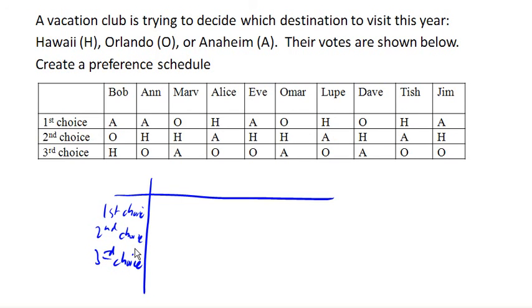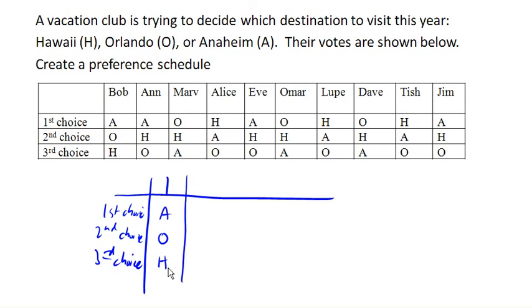But we're going to group the data by preference. So we see here Bob voted AOH in order, so we'll go ahead and do AOH. And we're going to see how many people voted the same way. Apparently, he's the only one. So we're going to put a 1 up here to indicate that there's one vote for the order AOH.